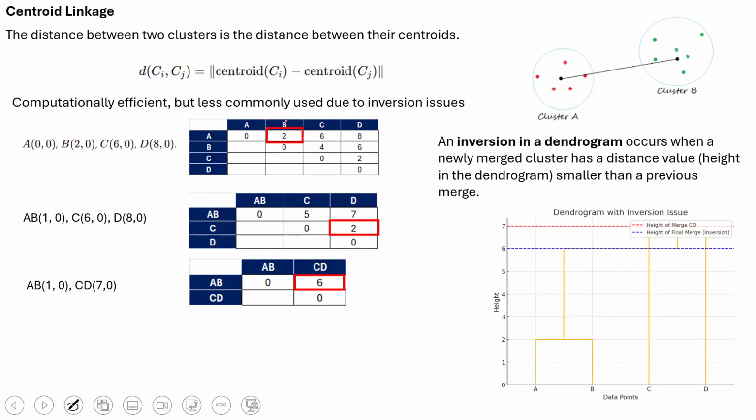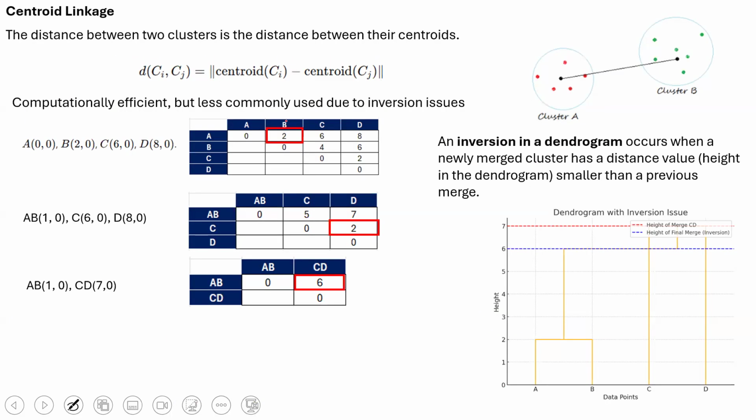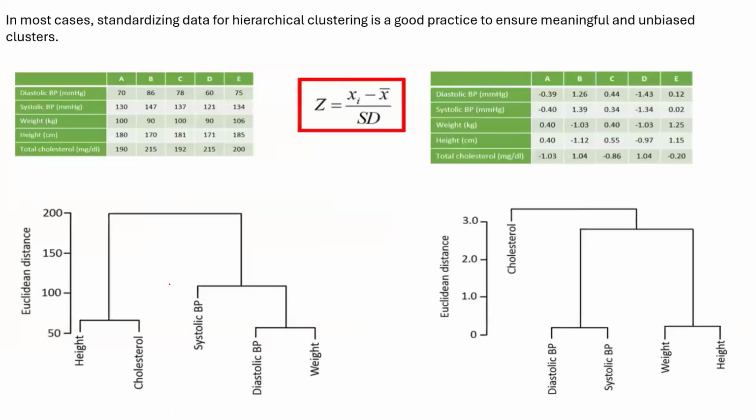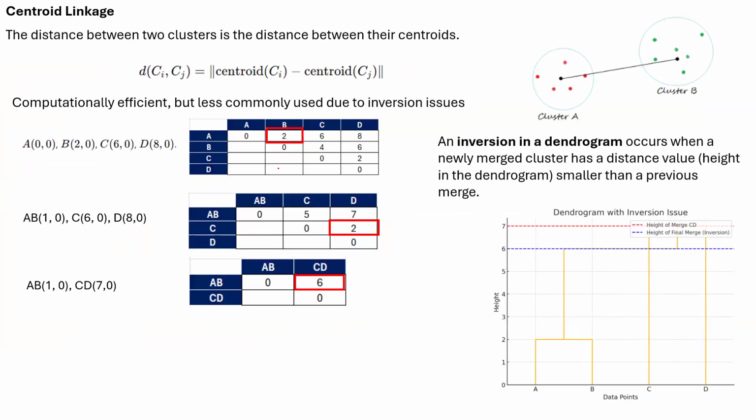Now centroid linkage is another example of linkage functions. We are almost at the end. We have just 3 more slides to understand, and with that, we will be closing this. So let me explain what this centroid linkage is.